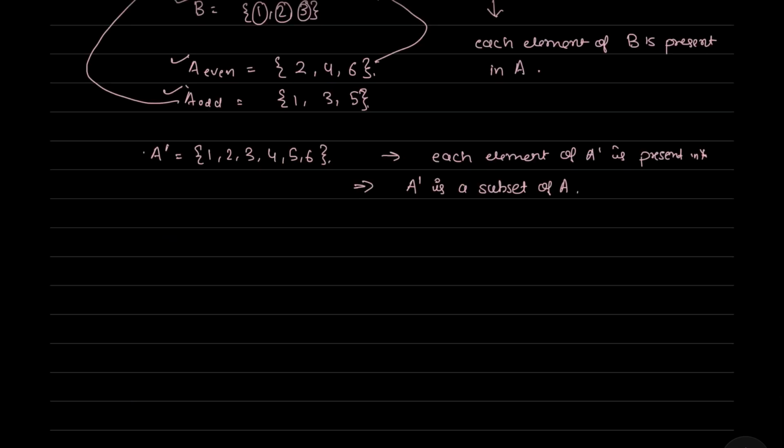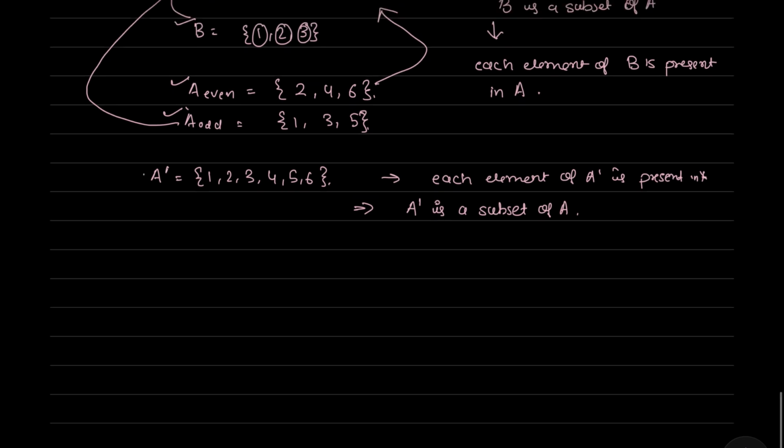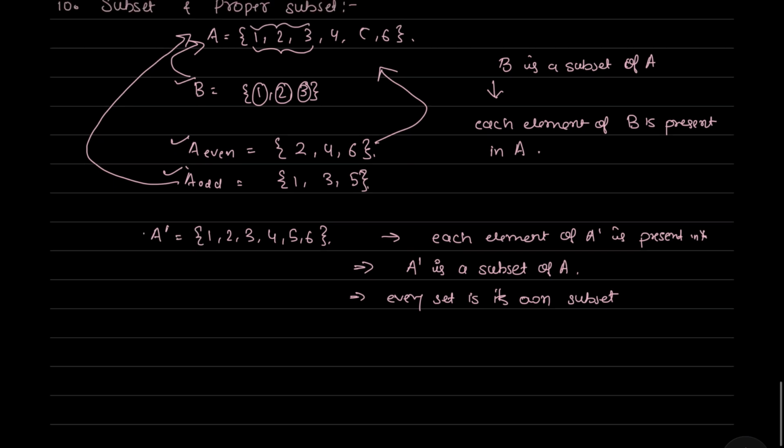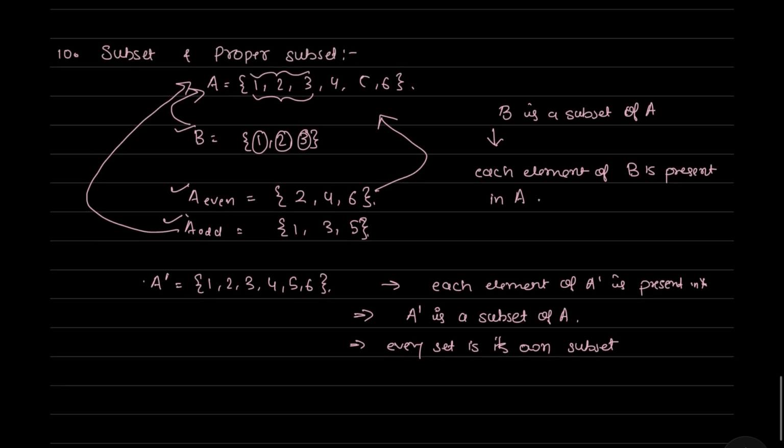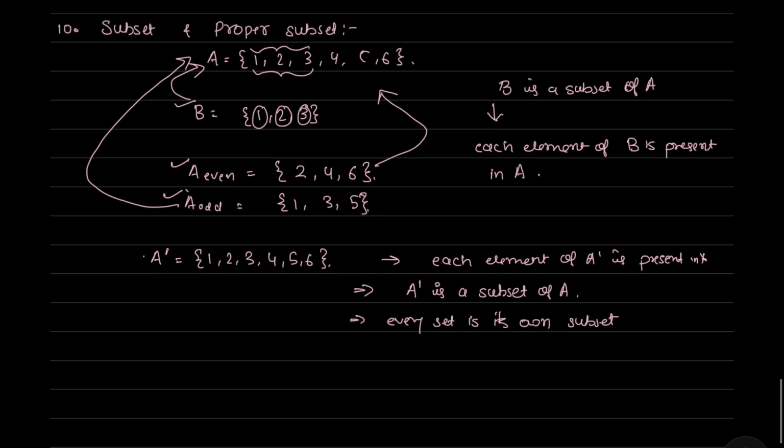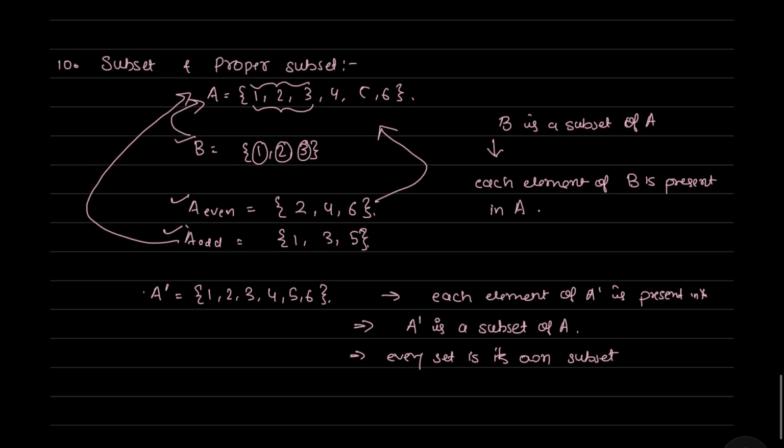Now, what do you understand by this? Basically, every set is its own subset because each element of the set is present in the same set, obviously. Now, one more thing that distinguishes a proper subset from a subset is, see all these: B equal to 1, 2, 3, A even equal to 2, 4, 6, A odd equal to 1, 3, 5.